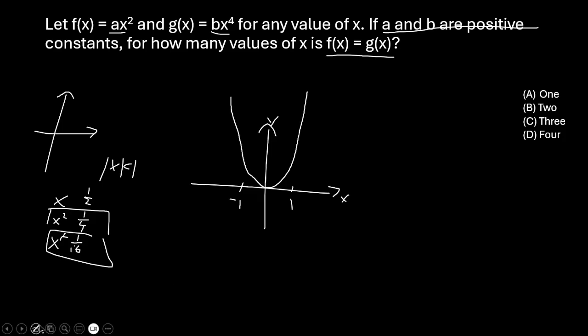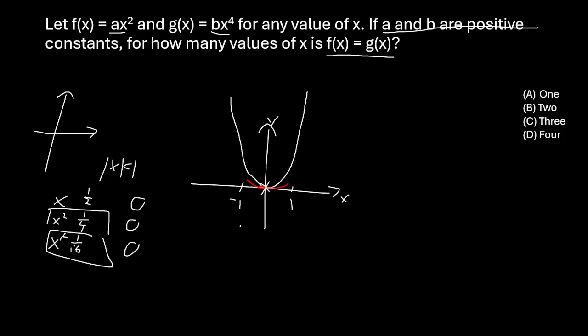If we start graphing our x to the fourth function, which also opens upward because b is positive, it would start under our x squared function. If x is 0, they are equal, so that is 1 point where they are equal.